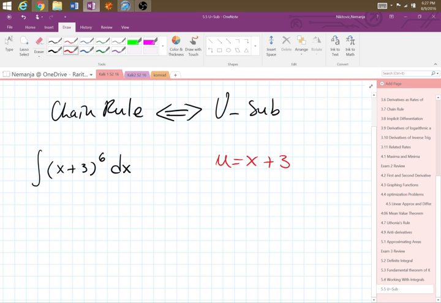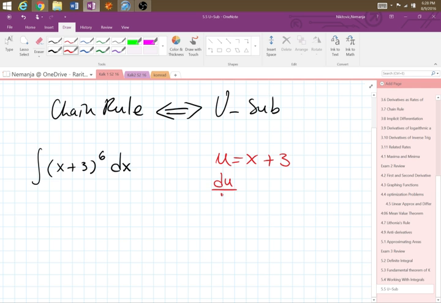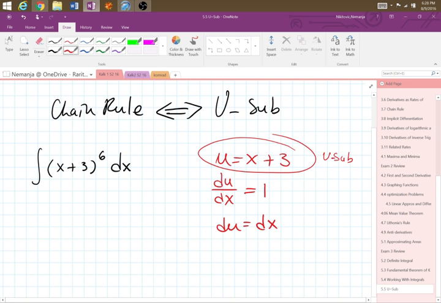And luckily, we can just differentiate our substitution and make a differential out of it. And look at that. I have a u sub right here, and I also have to substitute dx with du. So now the new integral is u to the 6, and dx is the same as du, so just put du there.